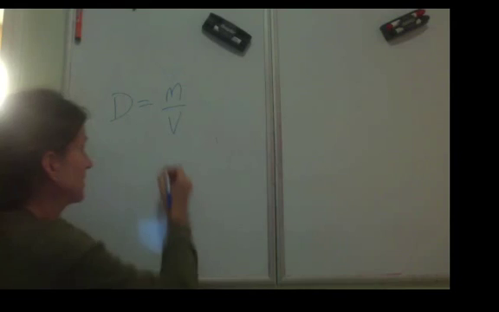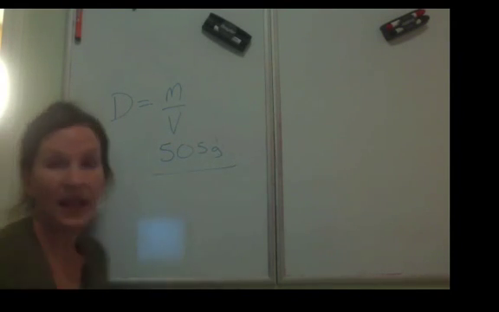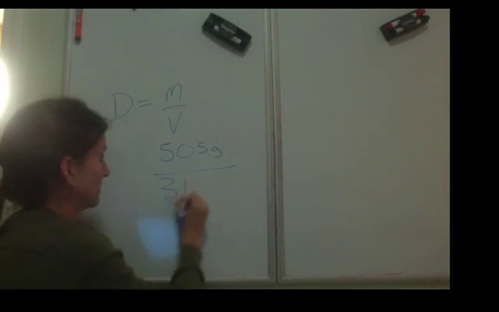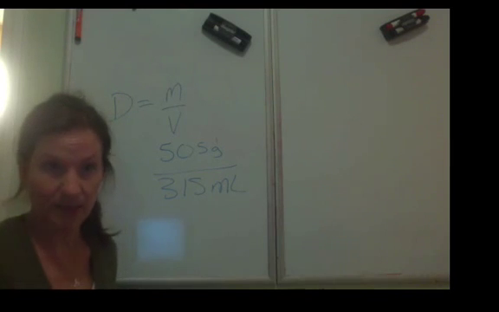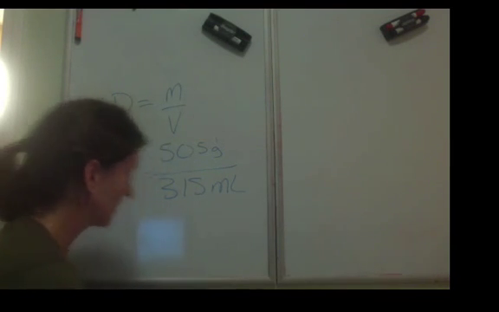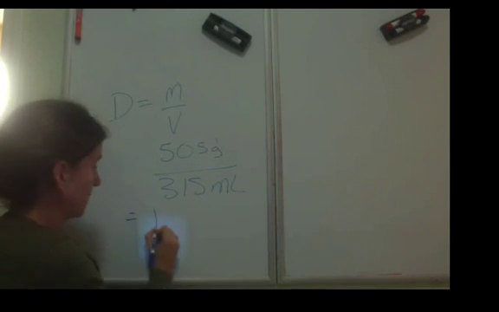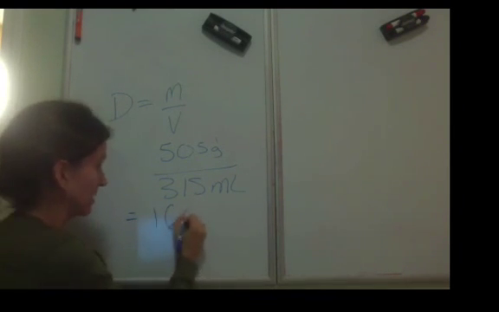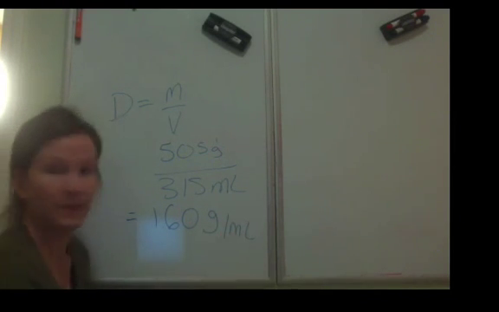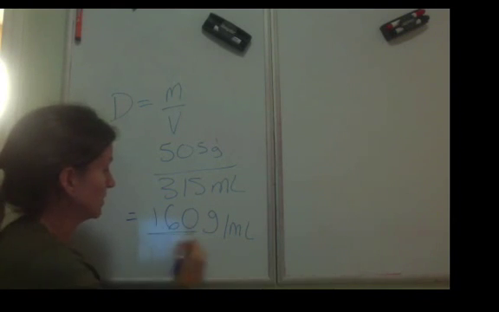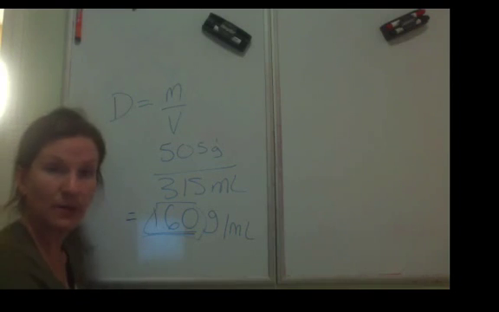So, since the mass is 505 grams, and the volume is 315 milliliters, all you do is take the top number divided by the bottom number, and in this case, you would then get the density to be 1.60 grams per mL. You'll learn soon what you should round all your numbers to, but this is the correct answer for this problem.